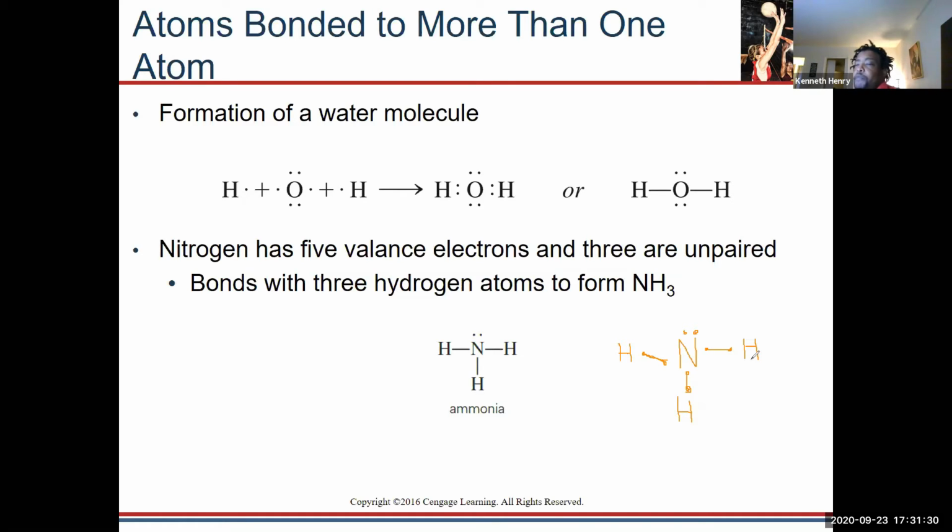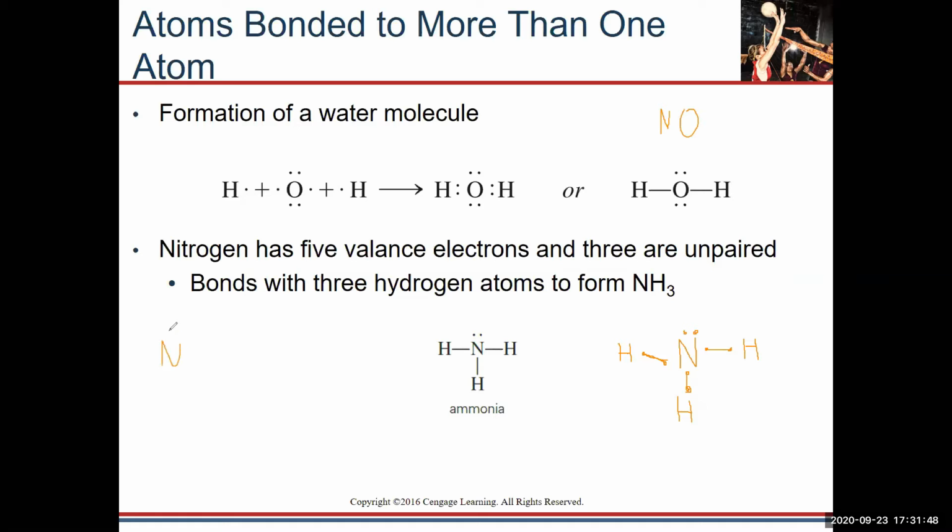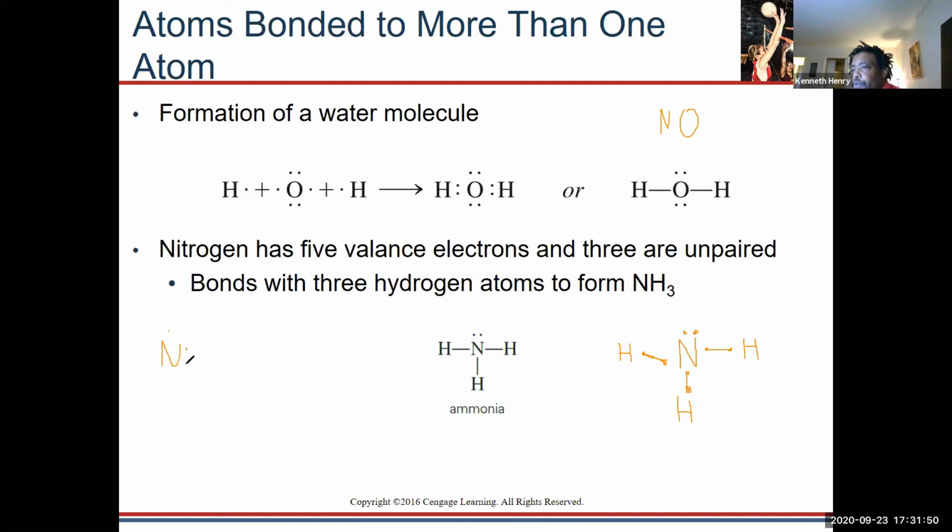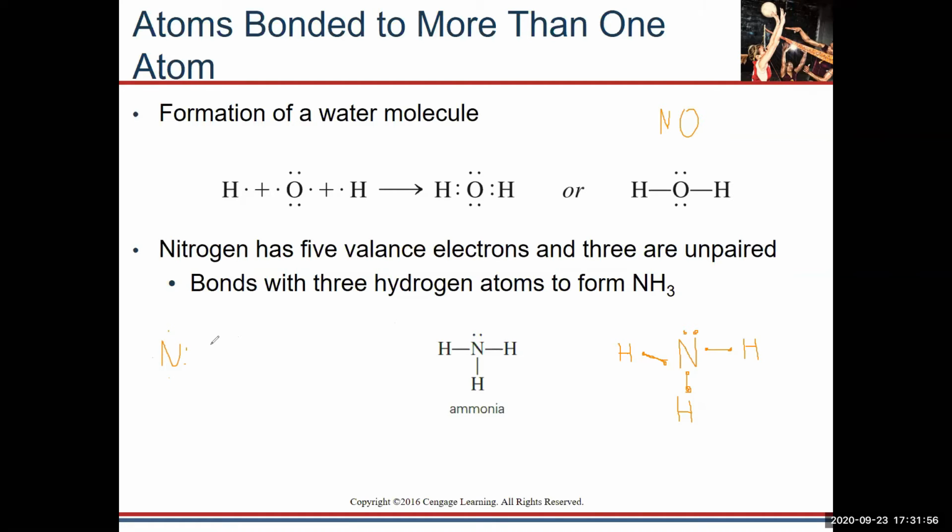Every element wants to meet its octet if it can. Occasionally, we're going to run into atoms that can't meet their octet. If you have, let's say, NO, how many valence electrons does nitrogen have? 5. How many does oxygen have? 6.